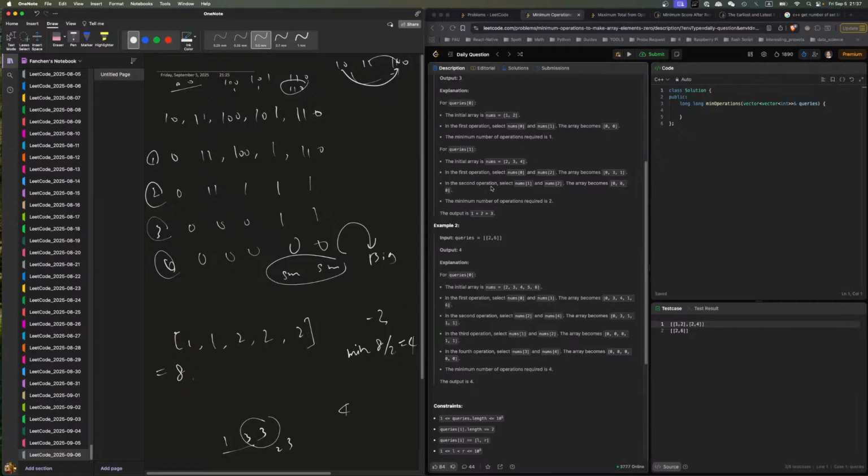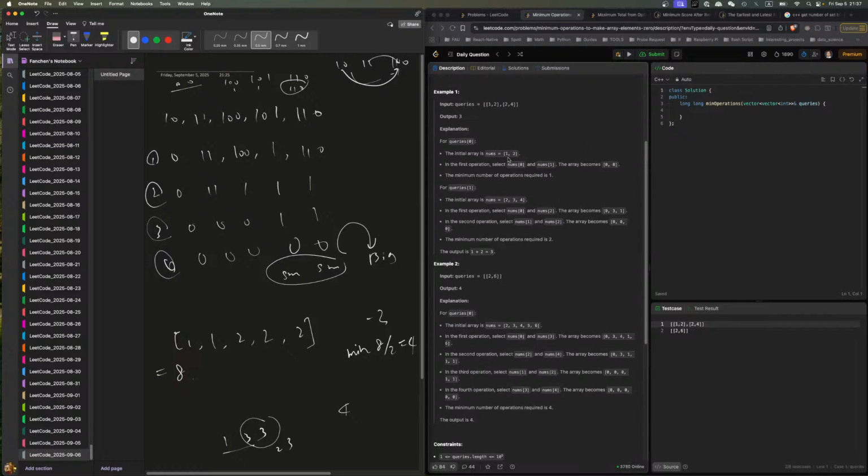So like in the first question, 1, 2 is essentially 1 on 1. So yeah, that's paired. 2, 4 is 1, 1, 2.